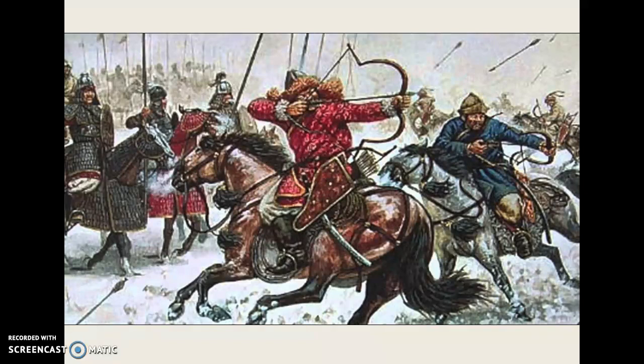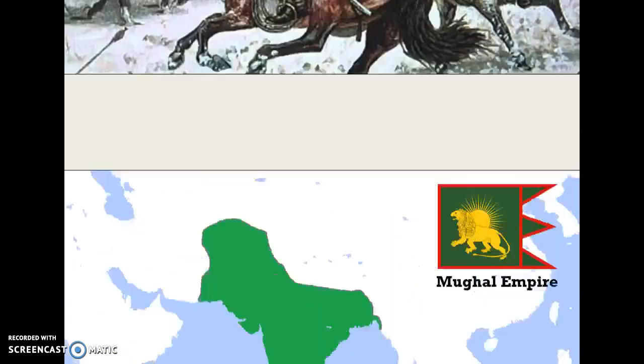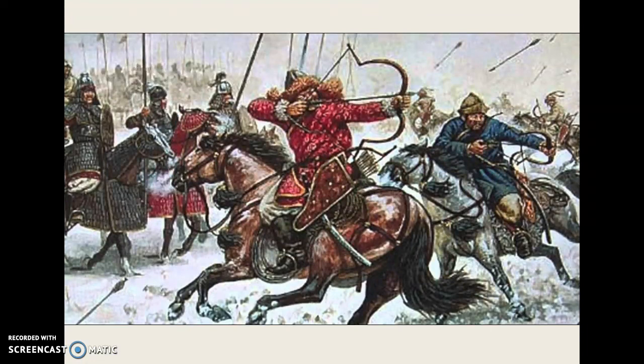The Mughal Empire traded with European nations, and as you can see here, much of South India remained independent and was free to trade with whomever, which was most likely European traders. Islam spread into India at this time, but Mughal leaders were tolerant of Hindus.